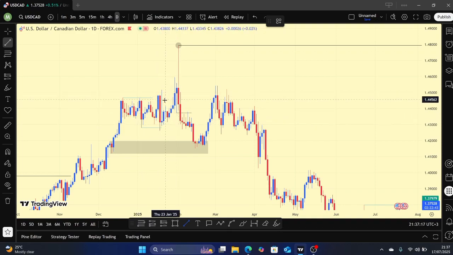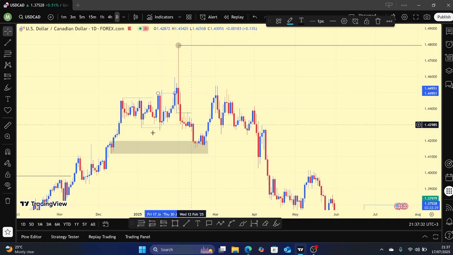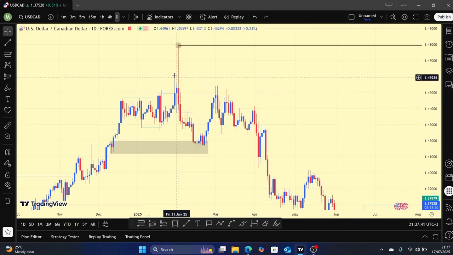So this one cannot be considered a valid break of structure. In that case, that's a normal valid pullback. So this low shifts to this one, and then further price shifts to this next one, because you can clearly see that price created another valid pullback after this one.